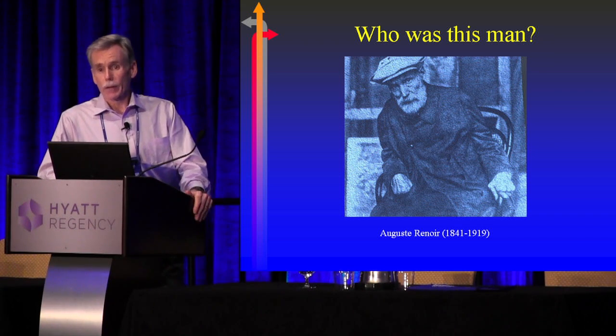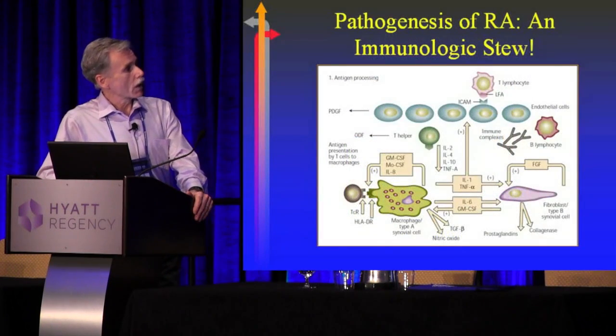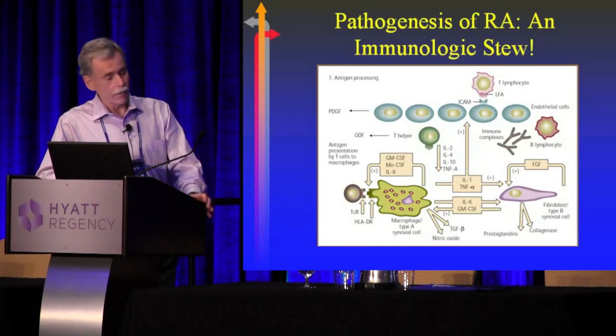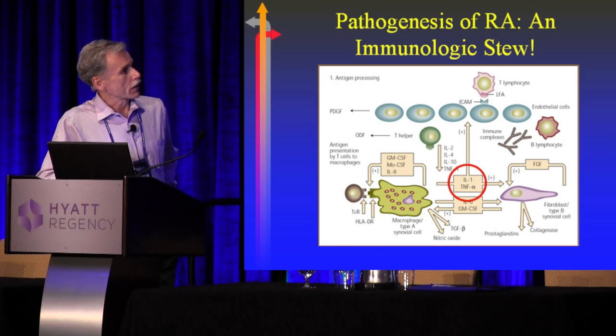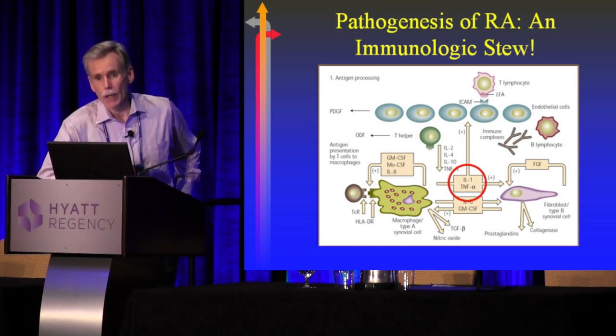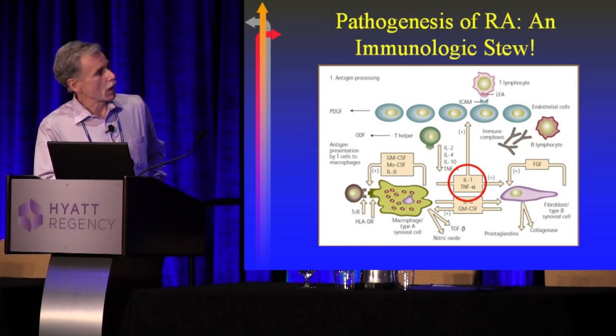And they've gone away. Why? Well, they've gone away because we understand the immunologic soup that leads to rheumatoid arthritis, particularly here in the center part of this soup or cascade of immunologic chaos, is a signaling molecule called TNF-alpha.